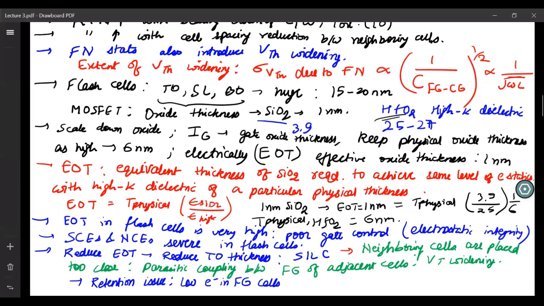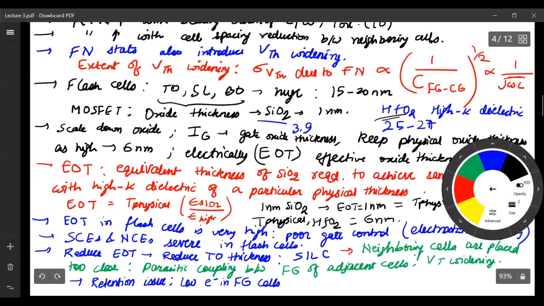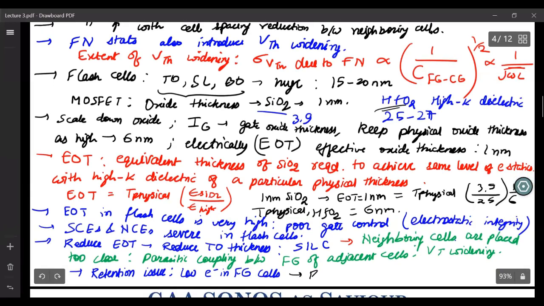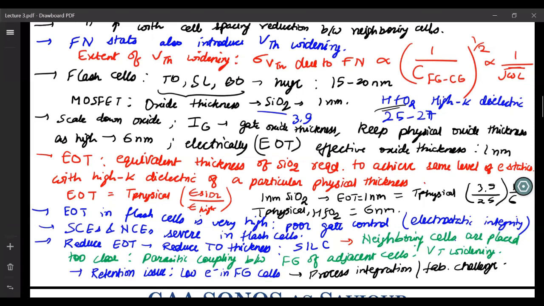And apart from that, another issue, which is a common issue for all devices, is the fabrication challenge, or process integration challenge. We discussed this, right? That we need EUV if we want to go beyond this 20 nanometer technology node.